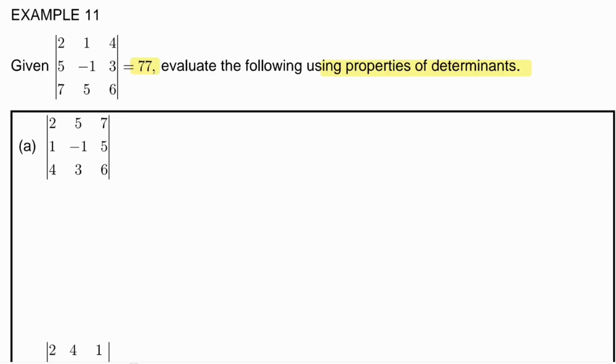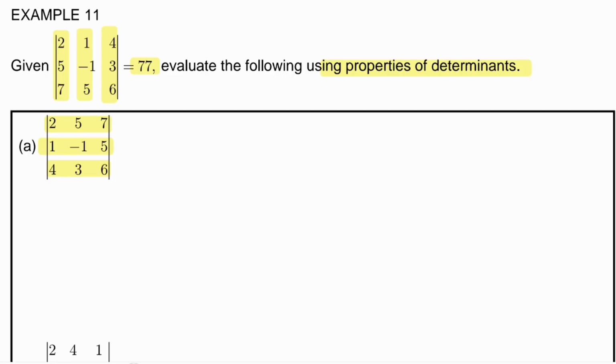For this question, you have to observe what interchanging happened from the original matrix to the given matrix. For question A, if we look at the entries here, the elements 2, 5, 7 originally come from a column, and now form a row. 1, -1, 5 comes from the second column, and the third row comes from the third column.